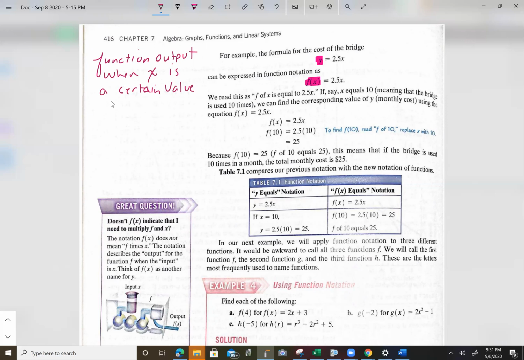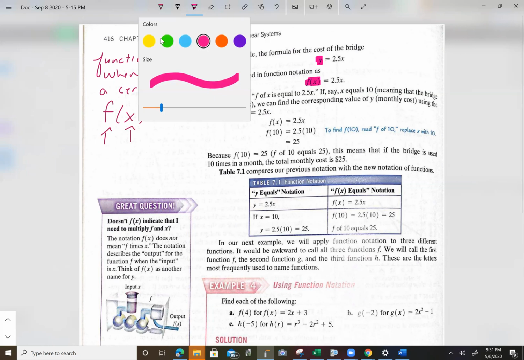So you say f of x. What is the output of the function when x is a certain value? When you are inputting a certain value for x, and then you have your equation, right? So what is the output of my function when... Let's change colors.